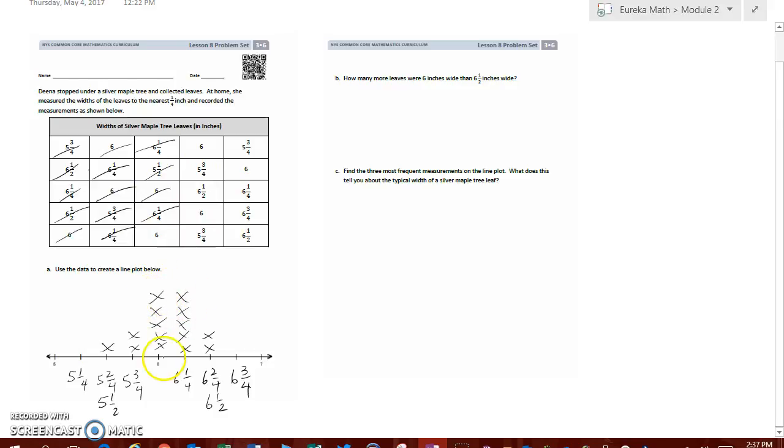We've got a battle going on here between these two. Would be the most frequent. Another 6. 5 and 3/4. 6 1/2. 6. 5 and 3/4. 5 and 3/4. 6. 6 and 1/4. 6 and 3/4, 6 1/2.